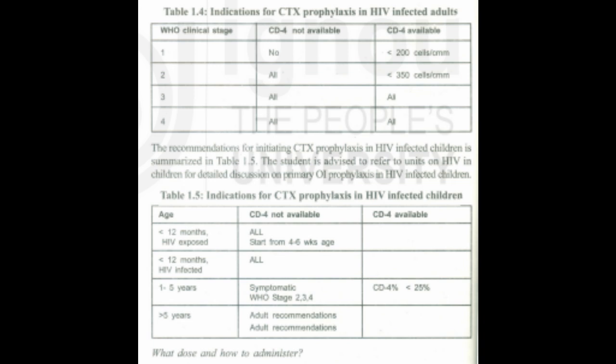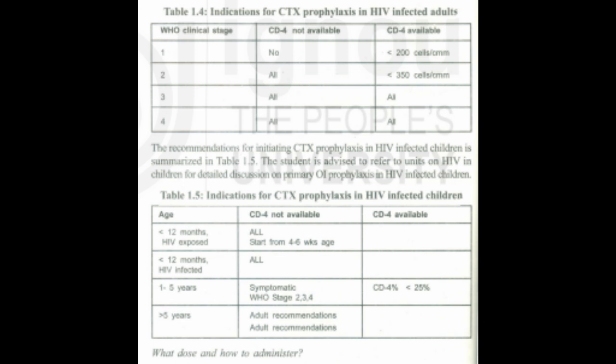When to start CTX prophylaxis? The indications for starting CTX prophylaxis in HIV-infected adults as recommended by the National AIDS Control Program are summarized in Table 1.4. Table 1.4, Indications for CTX prophylaxis in HIV-infected adults.